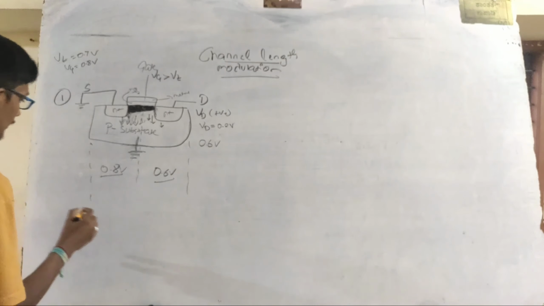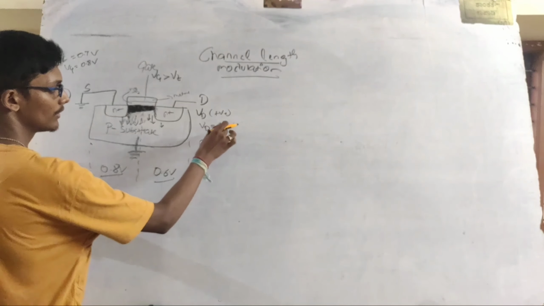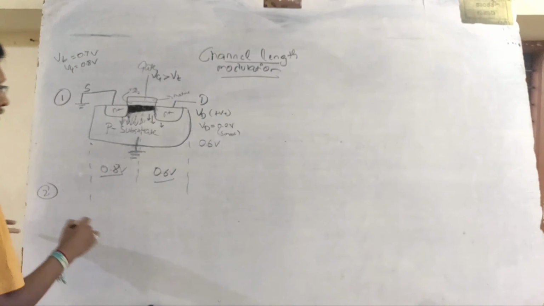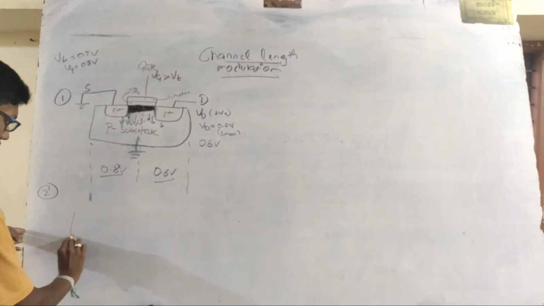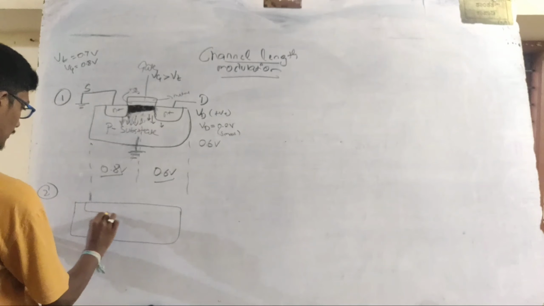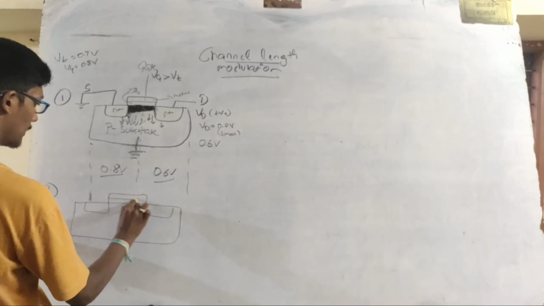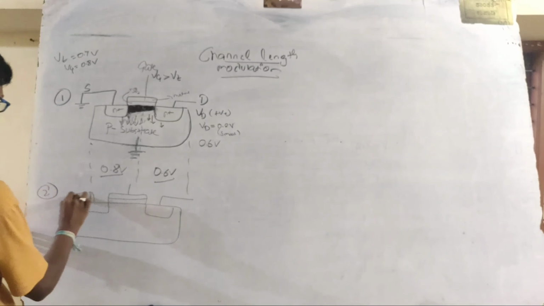In the second case, we'll see VD equal to VD sat, the saturation voltage. In the first case we saw VD equal to 0.2 volts, which is very small. So again I have my transistor with two layers, metal and oxide. I have the gate terminal, drain, and source.